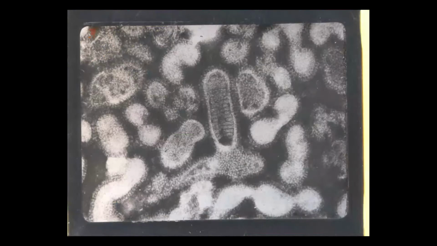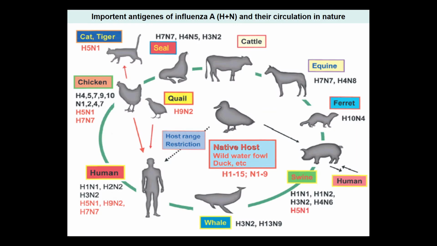On the microscope, again, influenza affects a lot of species of mammals, from cats, tigers, and even whales, to pigs, cattle, and humans.